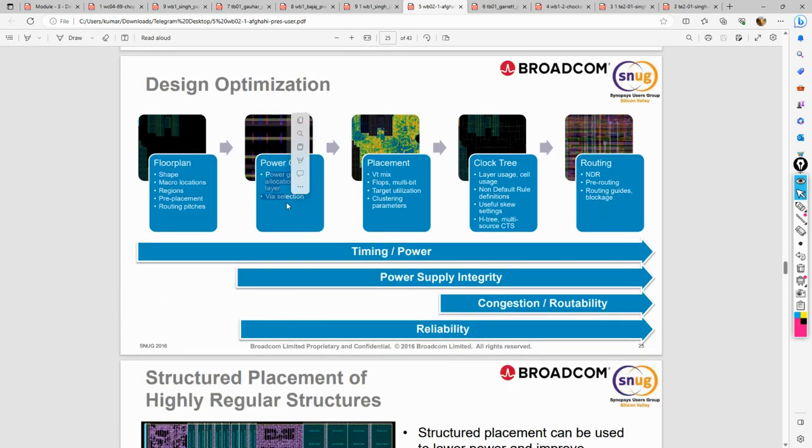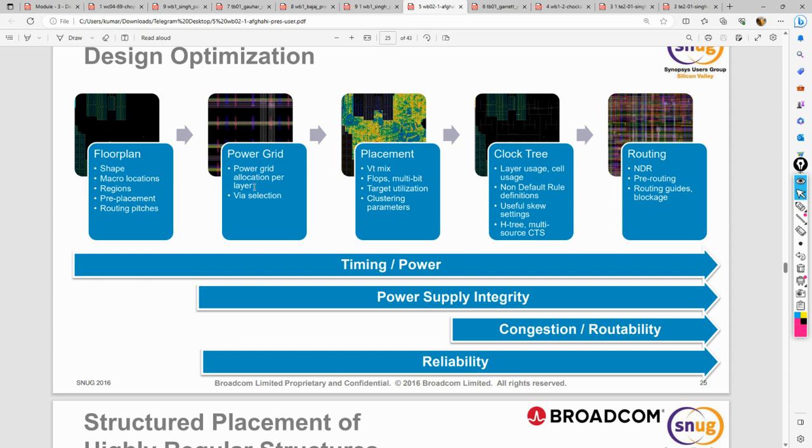Your PG routing, what and all you look at, what kind of VR you choose, placement, your HVT, SVT, LVT, what kind of Vt mix, and are you going to use single bit flops or multi bit flops, and what is your utilization at each and every stage, how they are placed, what layers you use for your clock tree, what kind of cells you use, NDR rules, useful skew, what kind of clock tree approach, and all of that.